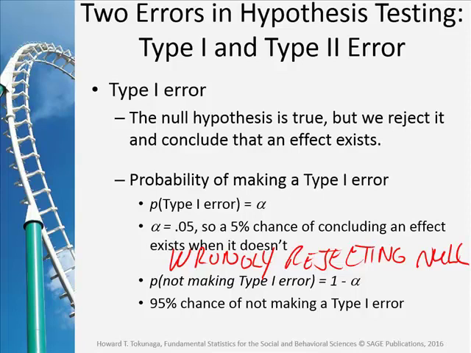Make it really high? Okay, we have control over alpha. It's our decision rule. So if we wanted to, we could make alpha really, really small. And by making alpha really small, that makes the probability of making a type 1 error really, really small.